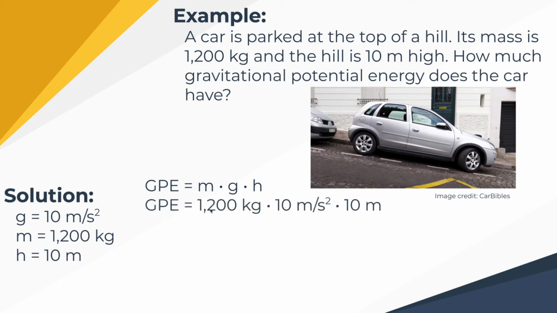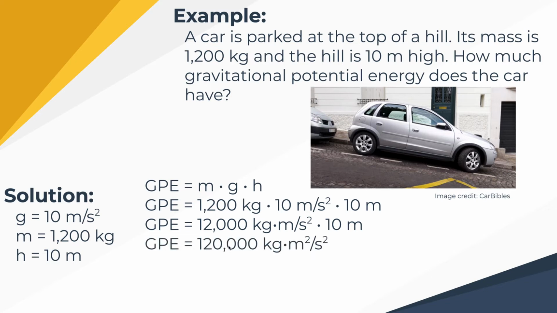So I've plugged in for mass 1,200 kilograms, for g 10 meters per second squared, for h 10 meters. And now since I just multiply, I'm going to start on the left and move my way to the side. So 1,200 times 10 gets me 12,000 kilograms times meters per second squared, times 10 meters left over there.